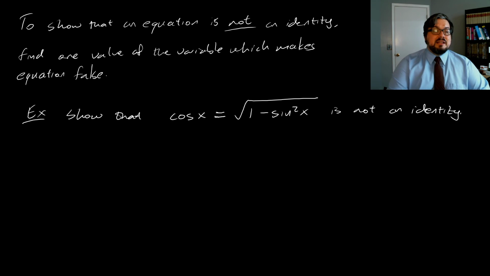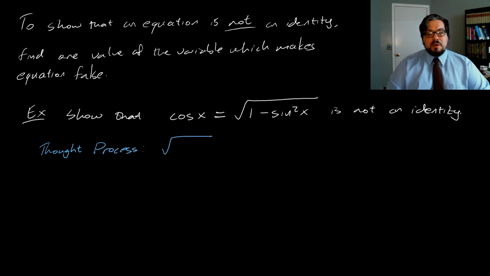So our thought process for this problem can go like this. Our thought process could be, well, the square root of anything is always greater than or equal to 0. This is a very useful fact that we have.